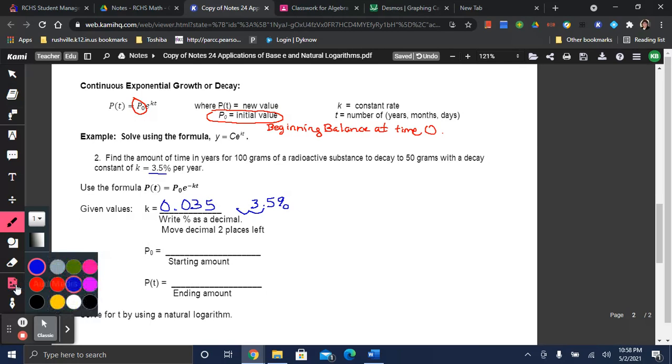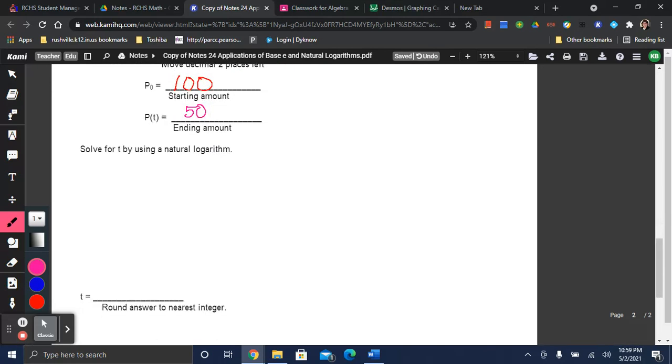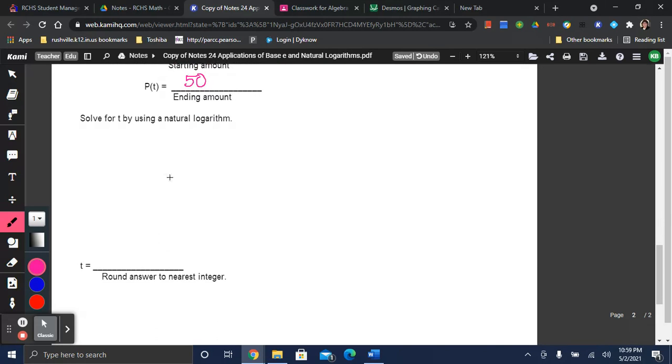Your initial amount, that P with a 0 subscript, is what it's starting with. So that would be 100 grams of the substance. And then the ending amount, what is it ending up with? Well, it's ending up with decaying to 50 grams. So that would be the ending amount. And so then we're going to solve it for t using our formula.